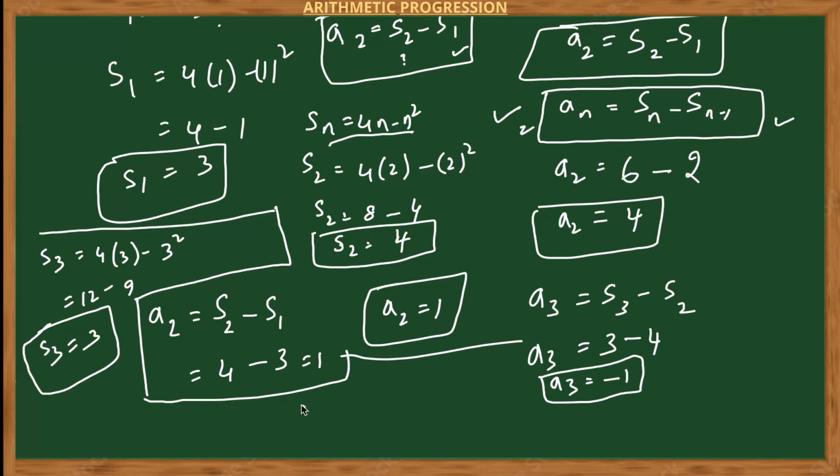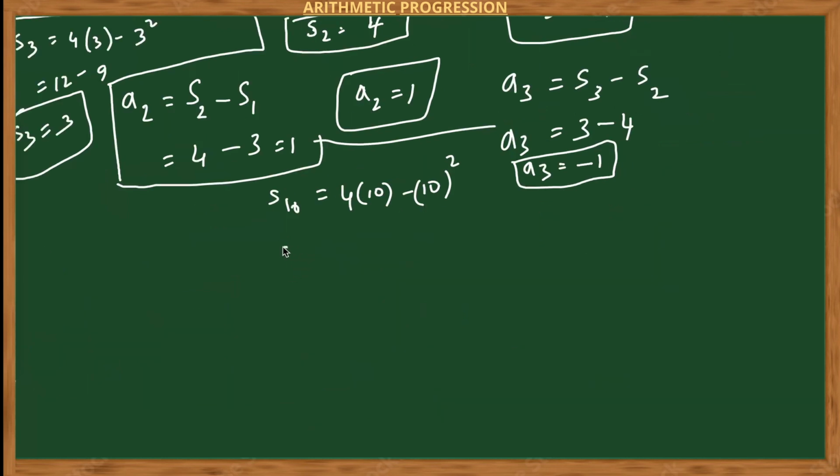So S10 is equal to 4 times n, n is 10 here, minus 10 square. Let's solve it here. S10 is equal to 4 tens are 40 minus 100. So this becomes minus 60.